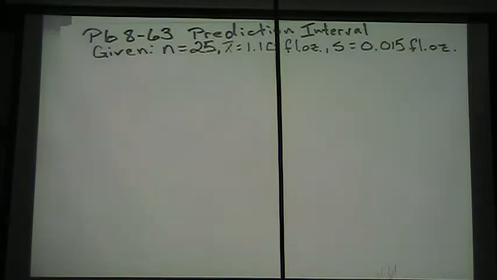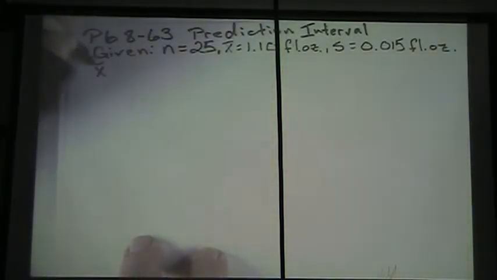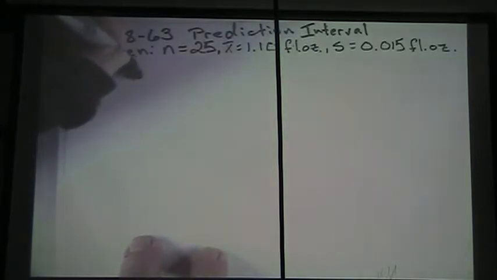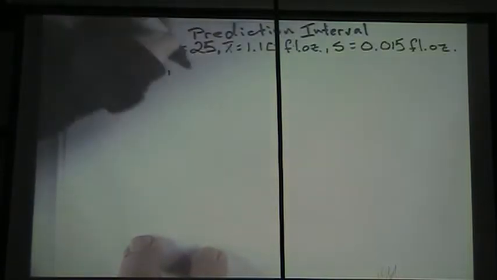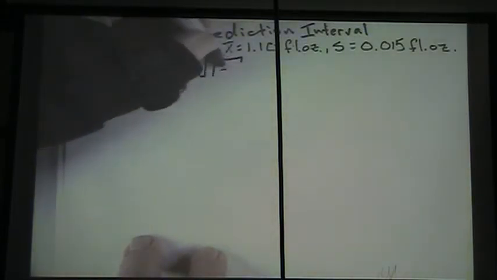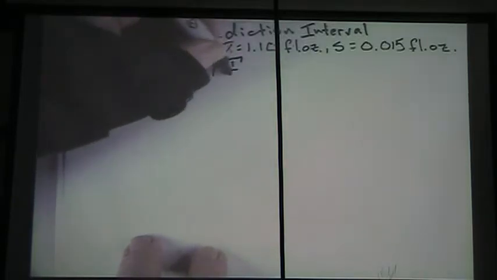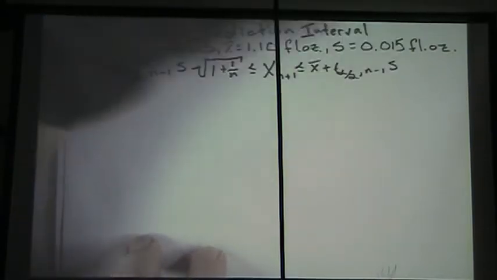All right. Once again, our formula is x bar minus t alpha divided by 2 with n minus 1 degrees of freedom times our sample standard deviation times the square root quantity of 1 plus 1 divided by n, less than or equal to x of n plus 1, less than or equal to x bar plus t alpha divided by 2 with n minus 1 degrees of freedom times sample standard deviation times the square root quantity of 1 plus 1 divided by n.